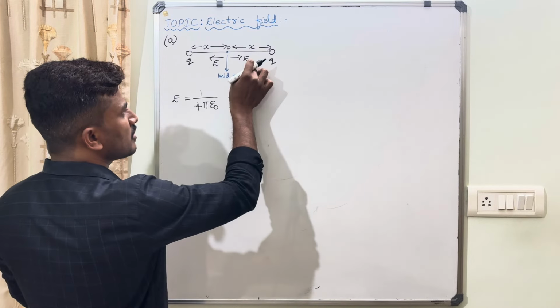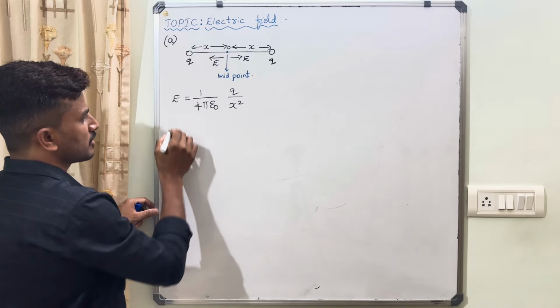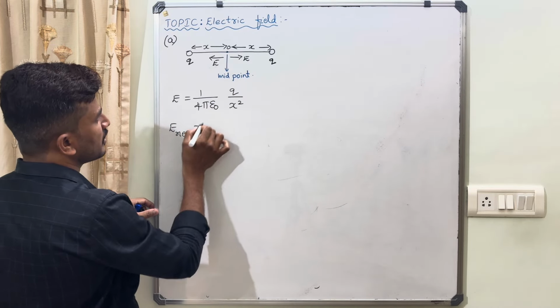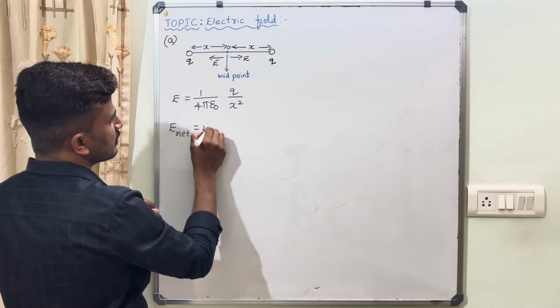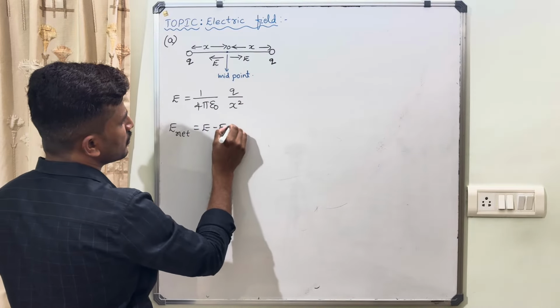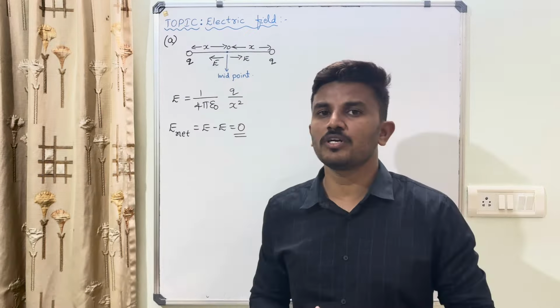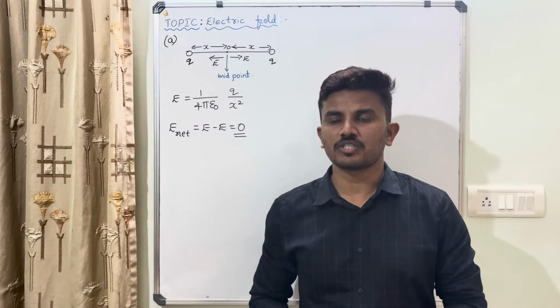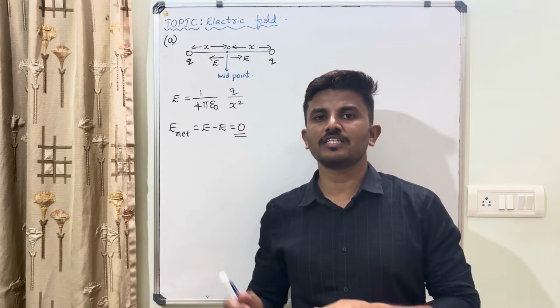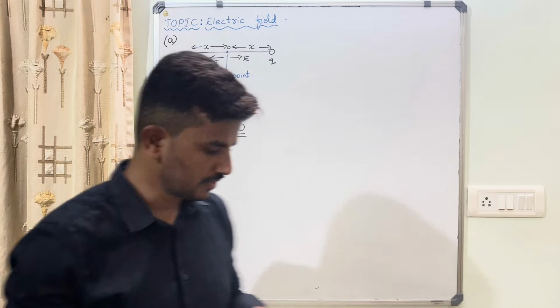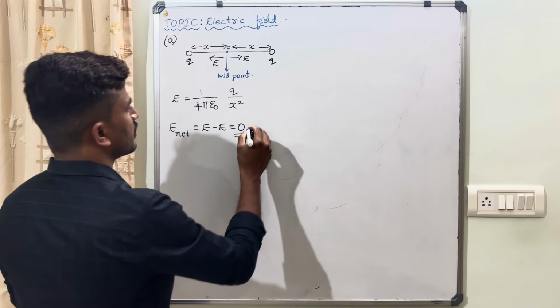This one is also the same, but they are in opposite directions. Electric field is a vector quantity, so the net electric field is E minus E. They are equal and opposite, so it is 0. So the electric field at the midpoint of two charges along the line joining them is 0. That is called the null point.